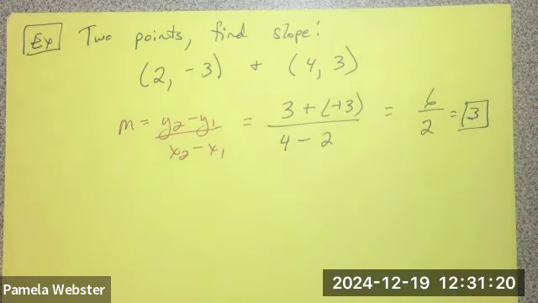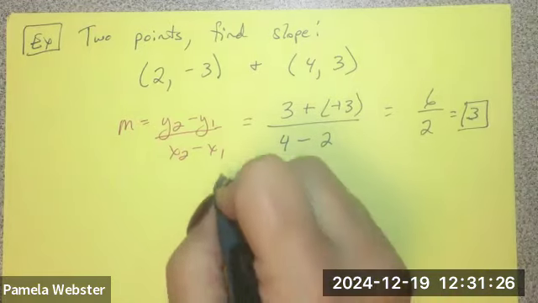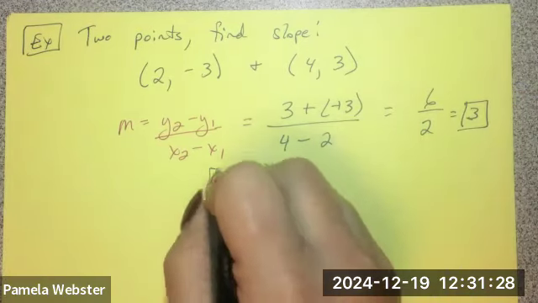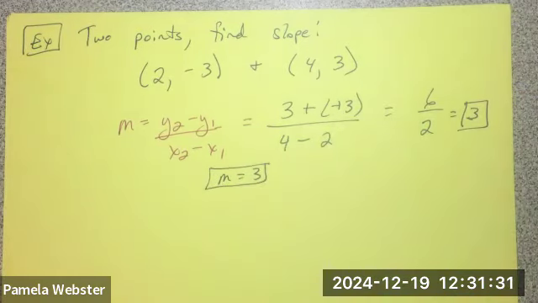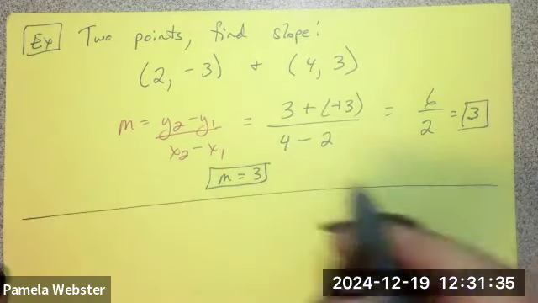Hopefully you were able to do that problem. I work it out and I say, oh, my slope is 3. Okay. So I was given 2 points. First, I found the slope, but now they ask me something like this.